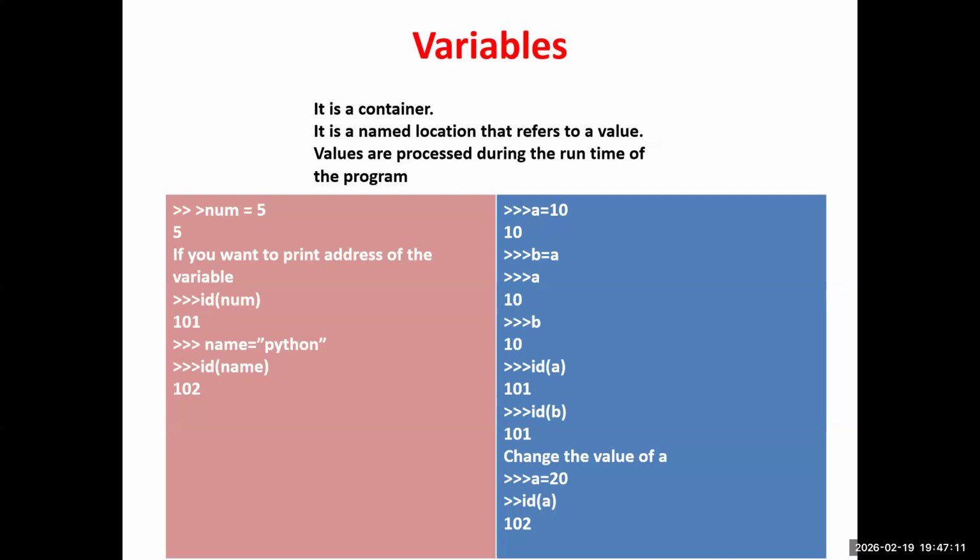So anything you can assign into the variable. Are you clear on this one? Whatever data type you have, all the data type values can be assigned into the variable.